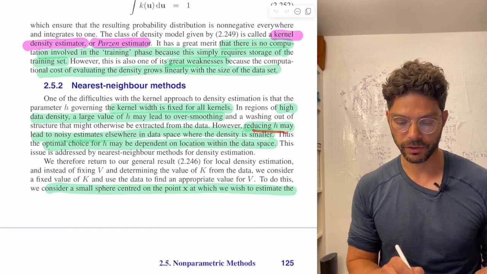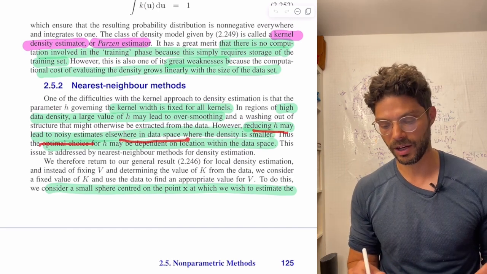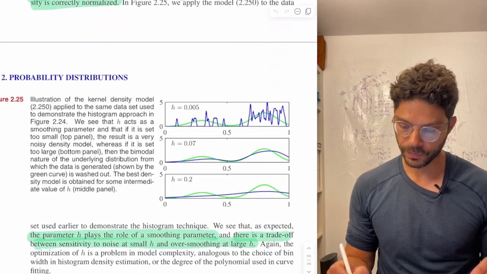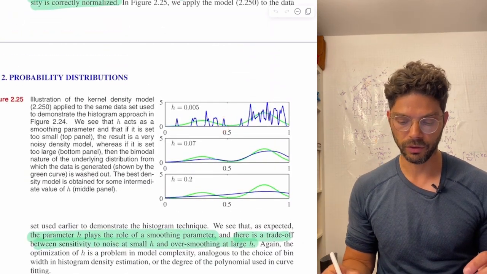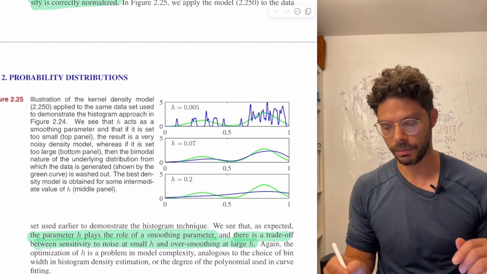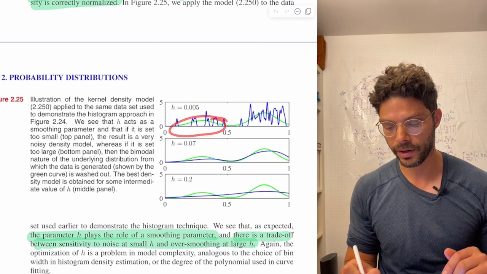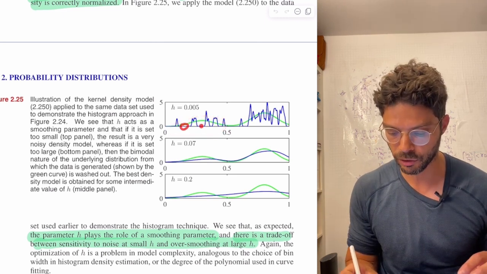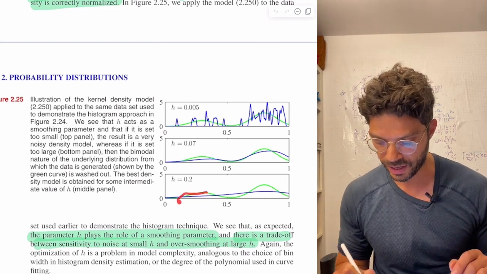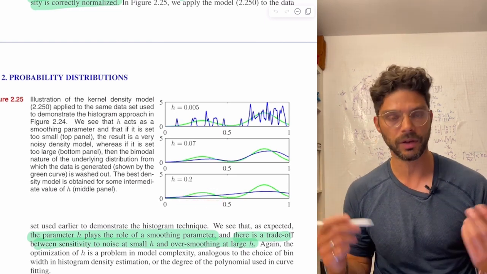And reducing h may lead to noisy estimates elsewhere in the data space where the density is smaller, right? Maybe you can try to use a very narrow estimate, but then in these regions where there isn't enough data, you start putting in zero probabilities here. And maybe it's actually not a zero probability. We find that in fact the probability is small, but it's not quite zero.